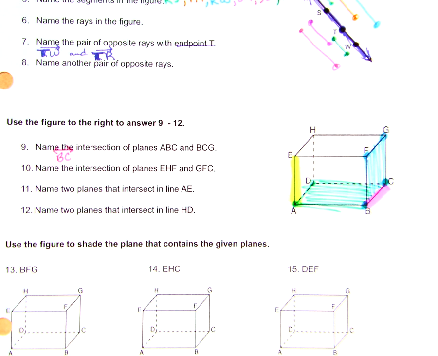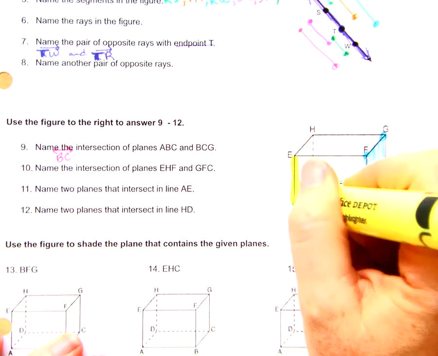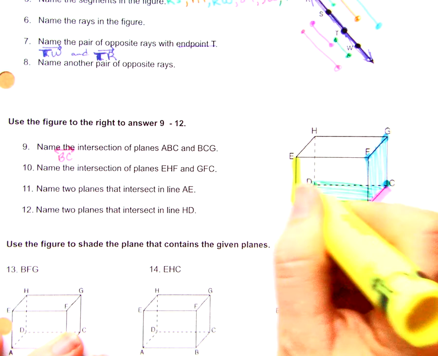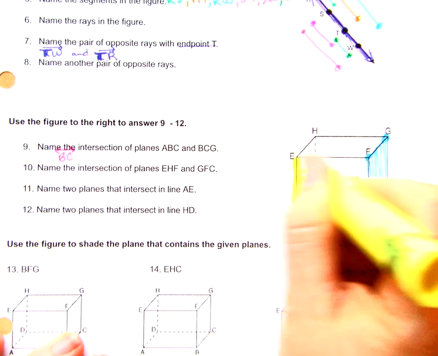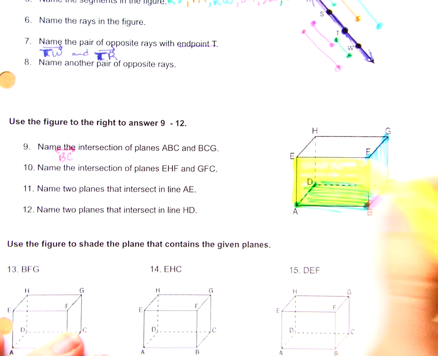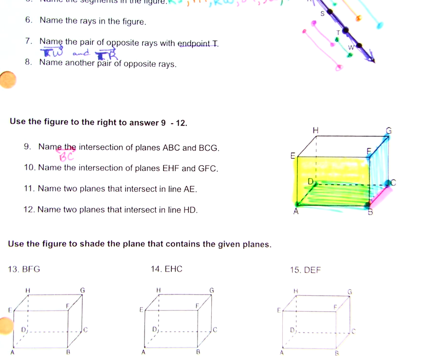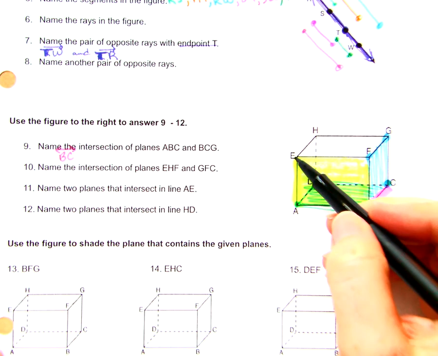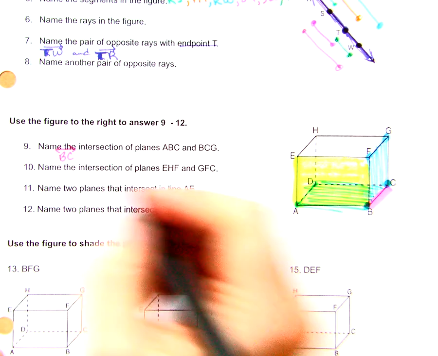I hope you can see this, but this edge is touching the whole front side, and I'm going to use the highlighter since I've already colored. So we know it's going to be the front, so one of the planes is going to be EAB.